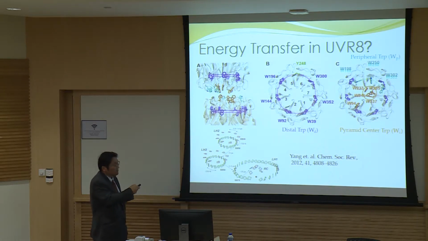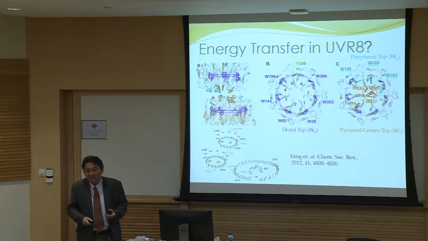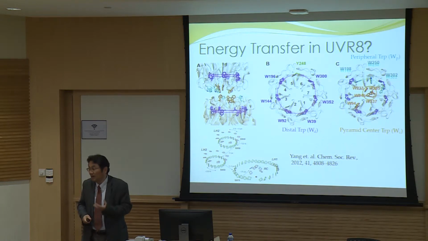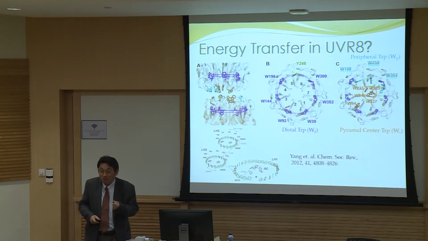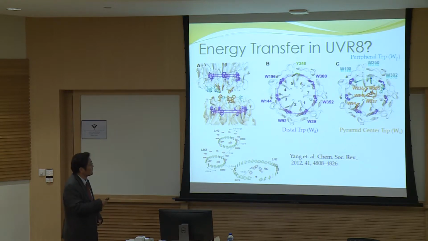On the interface, according to the X-ray structure, there are 32 ionic salt bridges and hydrogen bonds. So this protein looks like a rock. It's very hard to dissociate because of this strong interaction. At the interface, close to C2 symmetry, they form the dimer.